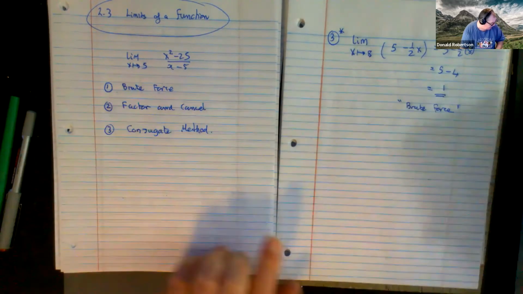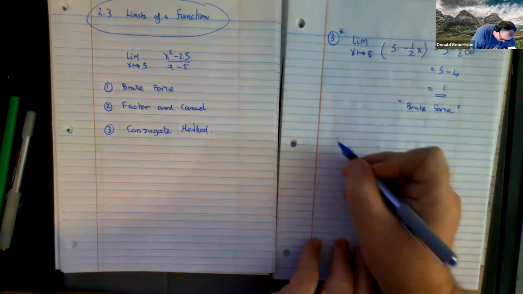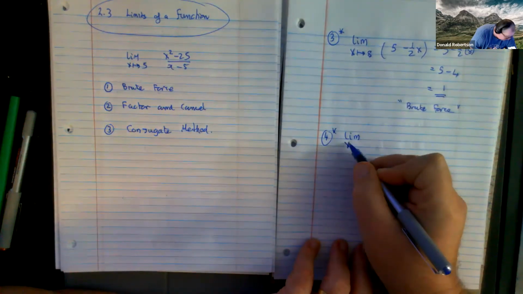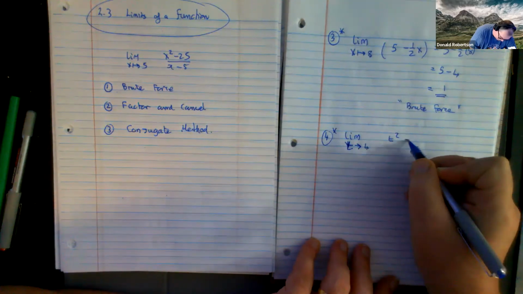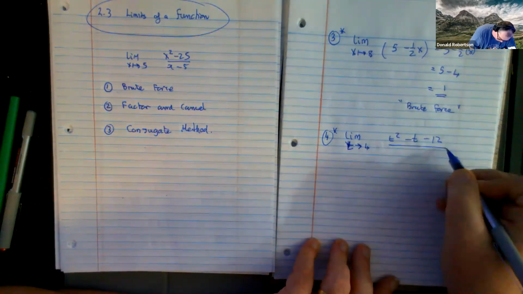Let's find, and this is a version of question 4, let's find the limit, oops, it's a t, as t tends to 4 of t squared take away t take away 12 all over t take away 4.